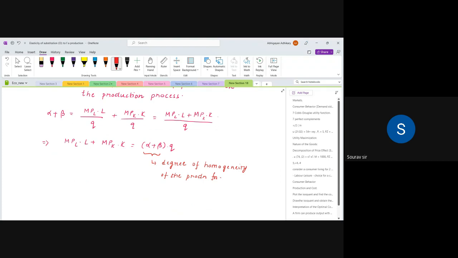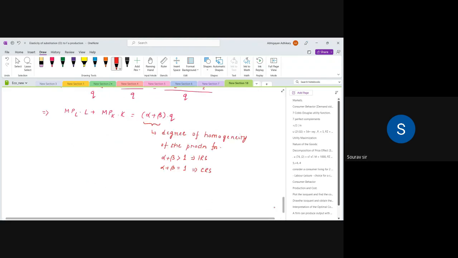So that means this alpha plus beta can be greater than 1. That would imply IRS. Alpha plus beta can be equals to 1. That would imply CRS. And alpha plus beta can be lesser than 1. That would imply DRS. Correct? All of you remember this?